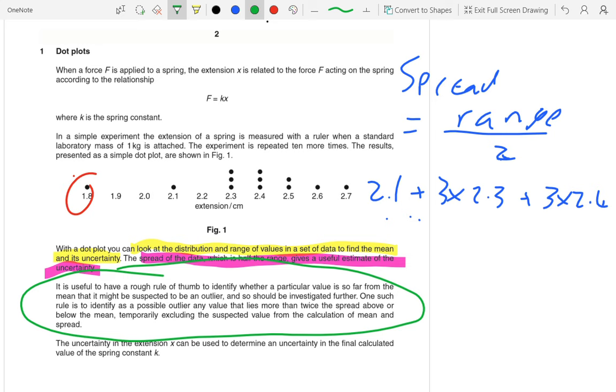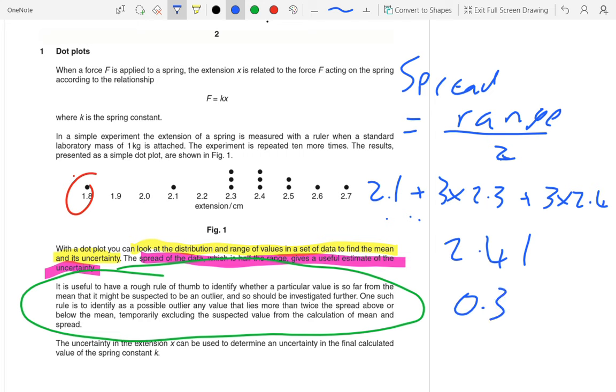So in this case I've done it without 1.8, and I get a value of 2.41 for the mean, and then a value of 0.3 for the spread.